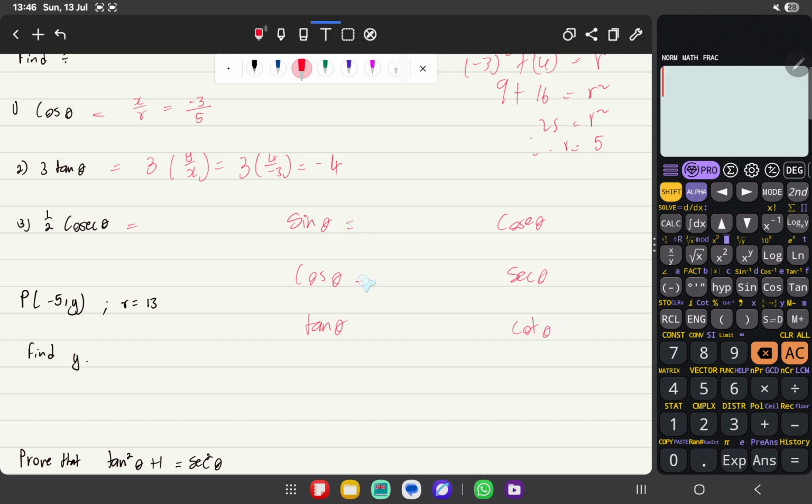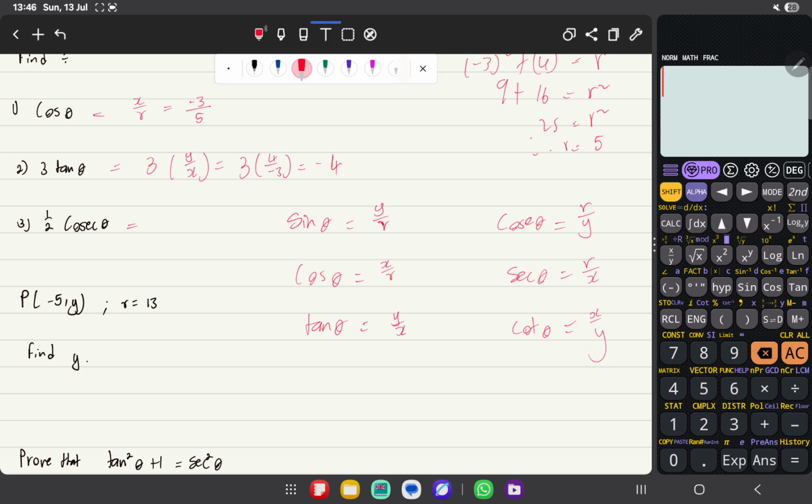By defining these, you know this is y over r, this is x over r, this is y over x. These are the inverse of these, right? So them being the inverse, it therefore means here we have r over y, we have r over x, we have x over y.